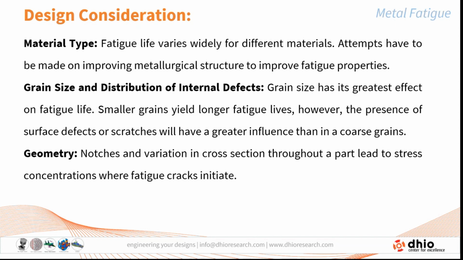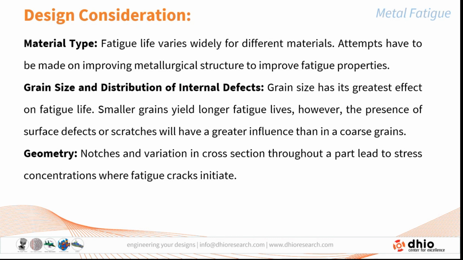Then the material type. When we consider the design, as we all know, the first and foremost thing you look at is the selection of the material. Under the selection of the material, we try to see the grain structure and distribution, and whether there are any defects. Then in the design aspect, we look at how exactly the geometry of the member has to be designed, such that as far as possible one avoids sharp corners or notches.